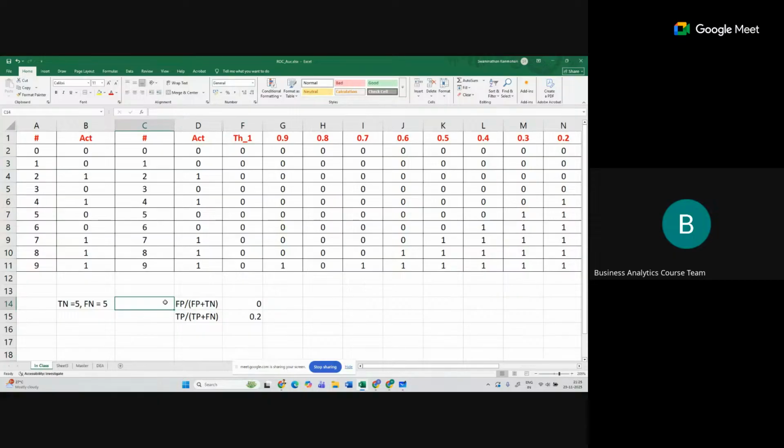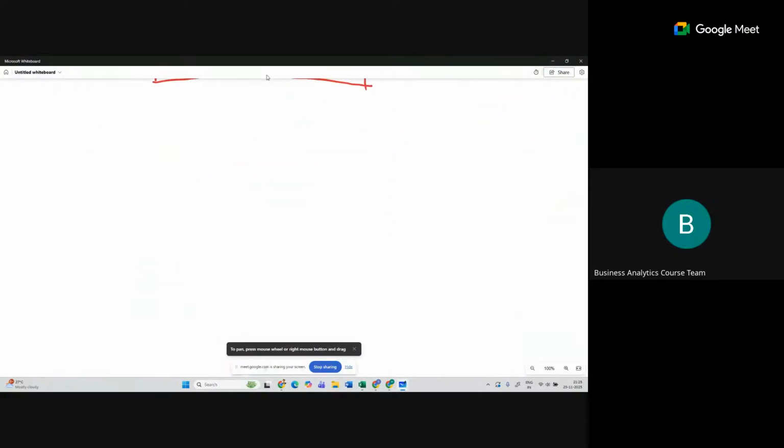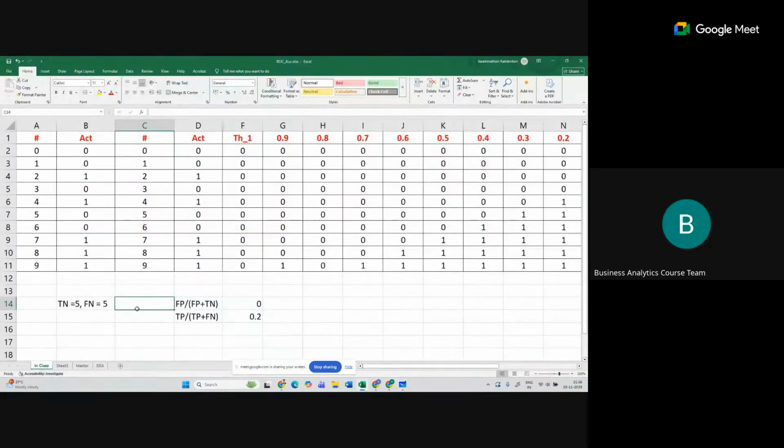Okay. So now if you have to plot the ROC curve, you need an x-axis and a y-axis to plot a curve. So the x-axis for the ROC curve is false positive rate. This is true positive rate. When you see FP in the numerator, it will be FPR, false positive rate.